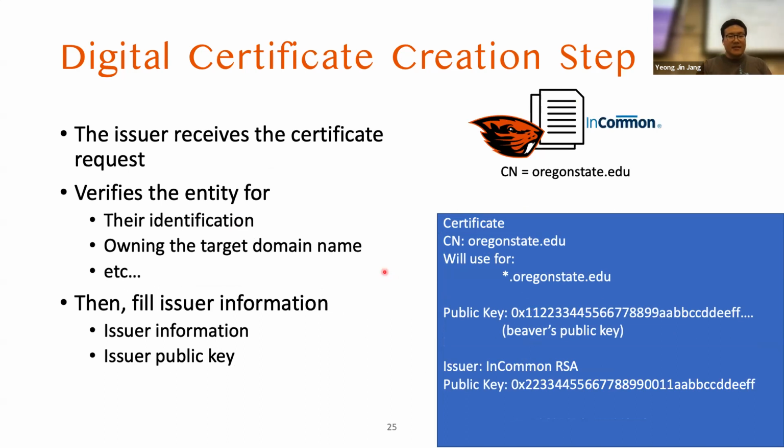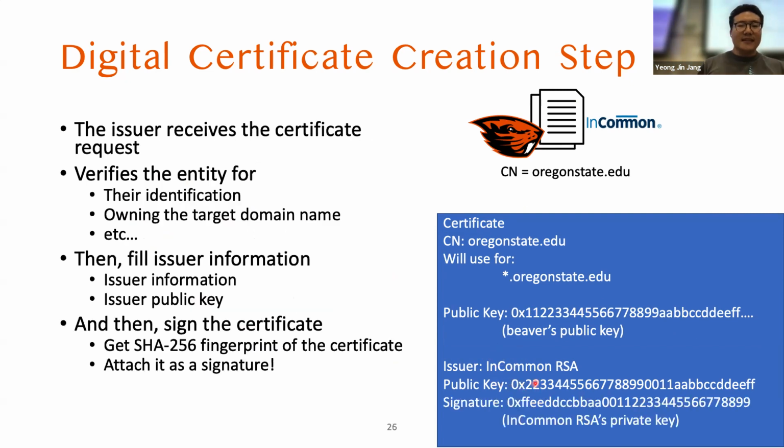And then the issuer will put their information. The issuer will put their public key here, and then they will sign the entire part right before the signature. So this is for protecting the message from here to the public key of the issuer.